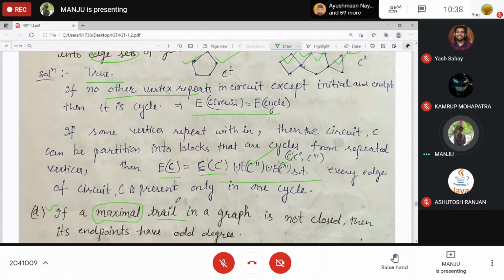You need to prove P implies Q. And for this one, you can also prove it because this is similar to negation Q implies negation P, right? You can also prove the equivalent statement, that is, its contrapositive. That means if the endpoints of any trail do not have odd degree, meaning they have even degree, then the trail is closed. Then it will be a circuit.